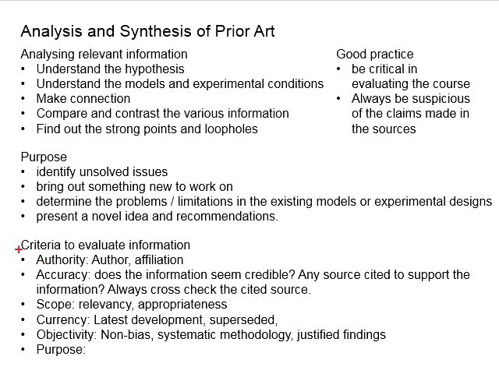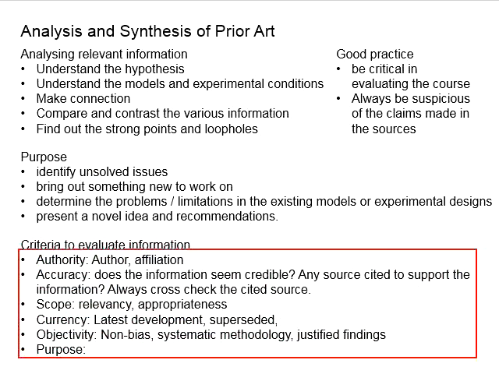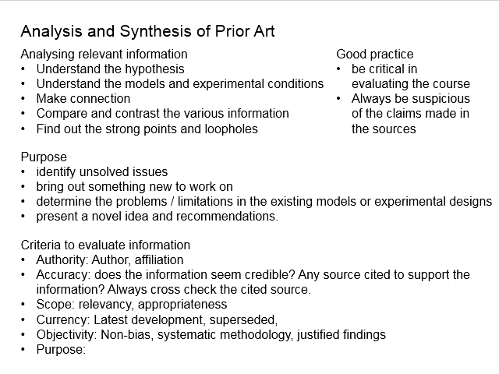These are a few example criteria that you can use to evaluate the information. These include the authority: who are the authors, and their affiliations, whether the author is reputable or their affiliation is one of the top institutions in the world.